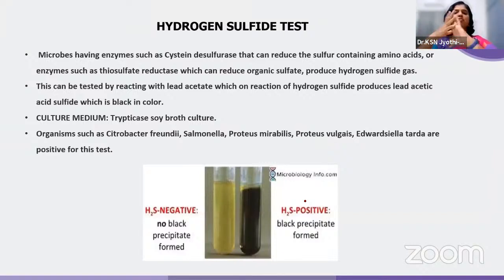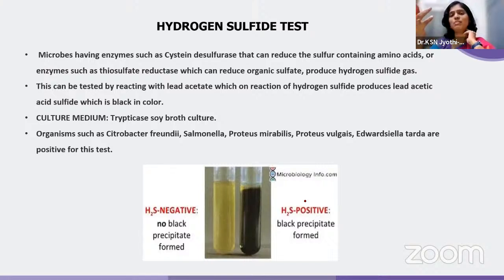There is a variety of tests available for different microorganisms, and you can go up to the species level and identify them. So what kind of questions can you expect from staining and biochemical tests? When you're talking about staining, there can be simple questions, like the type of the stain, what is the primary stain, what is the secondary stain, common questions.